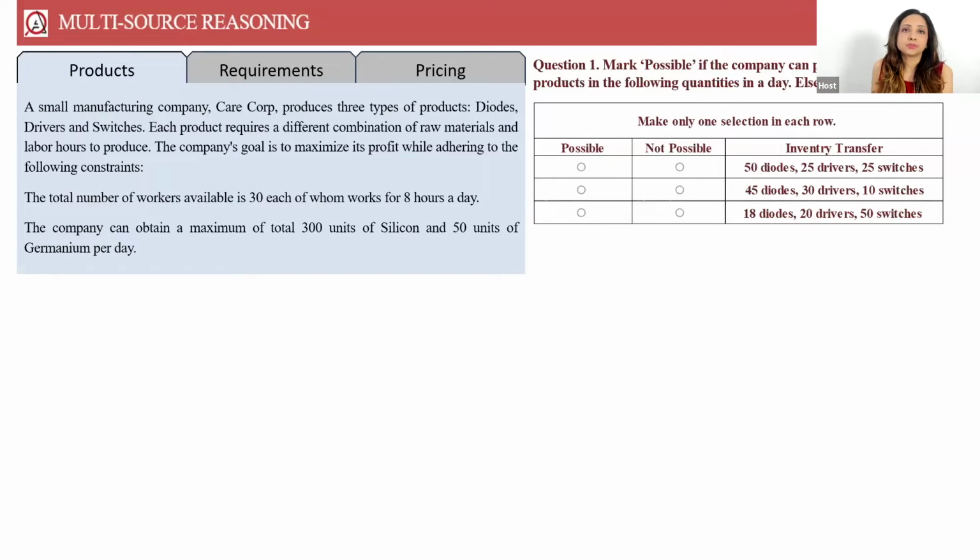So usually, let's say if there are three tabs, then your third tab will have, for example, a table or a diagram or something with concentrated data. So that is where you can stop. And you will need to compile the data of tab 1 and tab 2. Otherwise, you are going to reread tab 1 and tab 2 multiple times. You're going to get confused in what was given where, right?